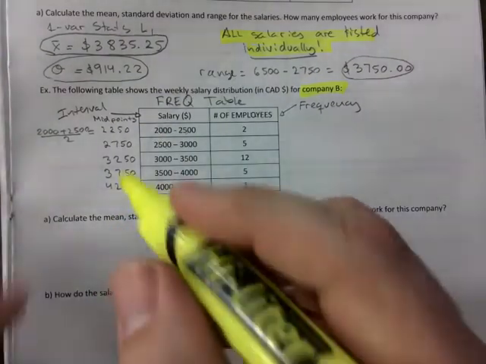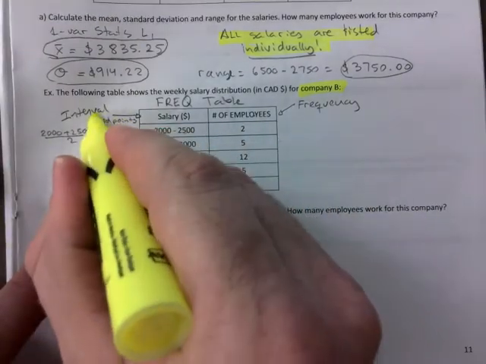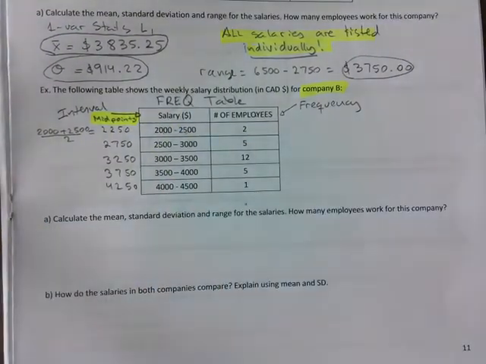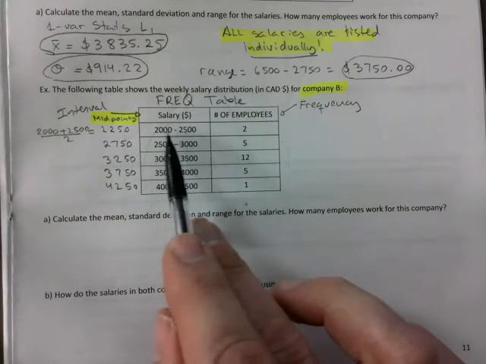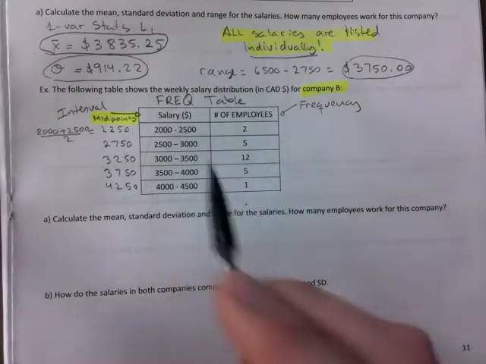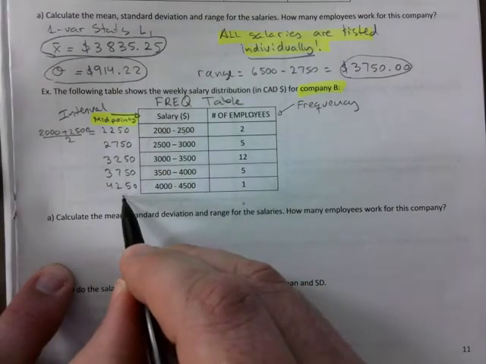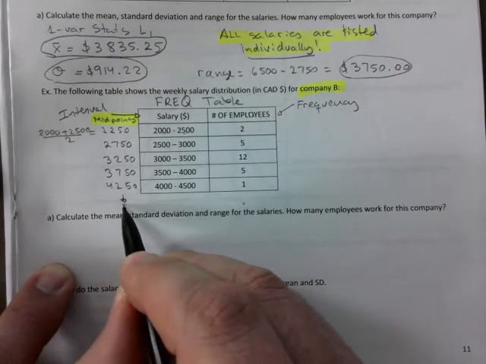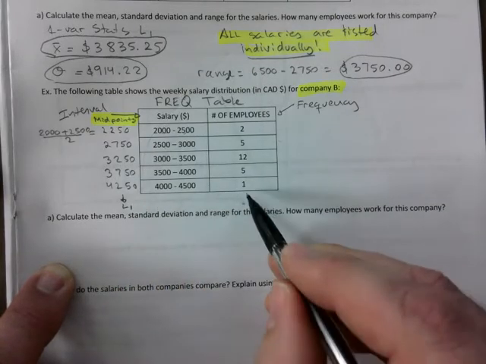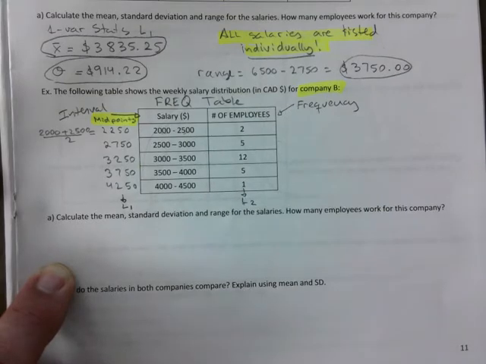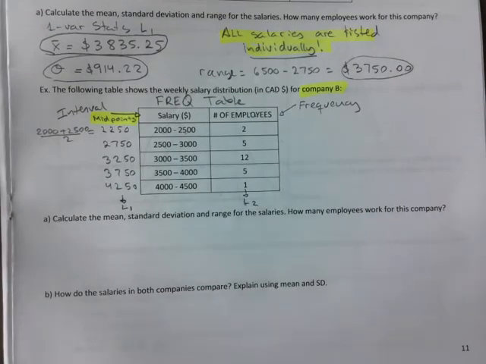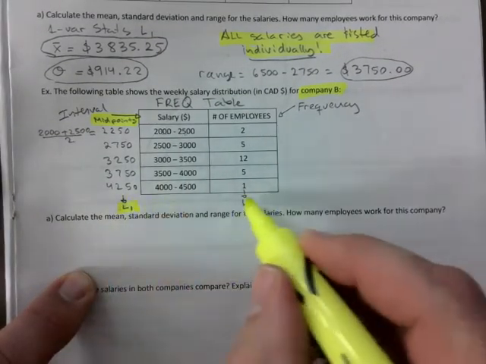Can we highlight that, the midpoints, so that it sticks out? Those are midpoints. It's basically the average between the interval, right? It's that point in the middle. This is what goes into L1. And you take the frequency and you put that into L2. Can we highlight the L1 and the L2 as well?